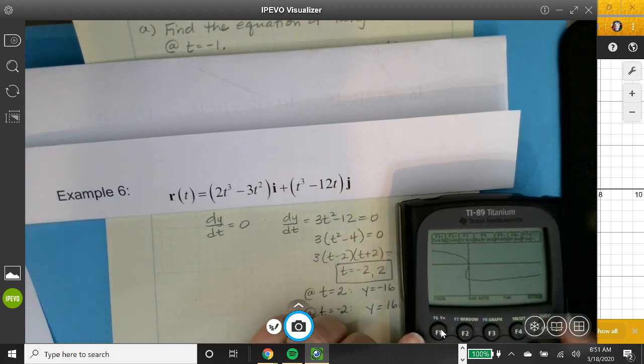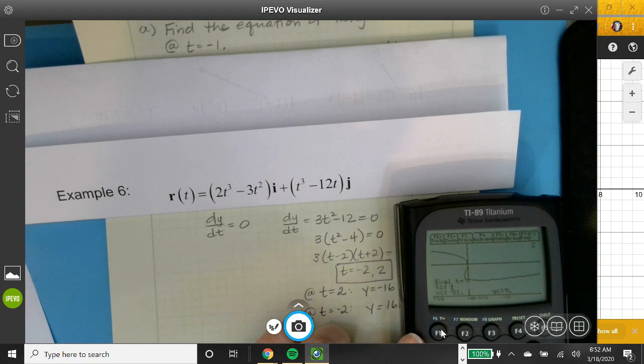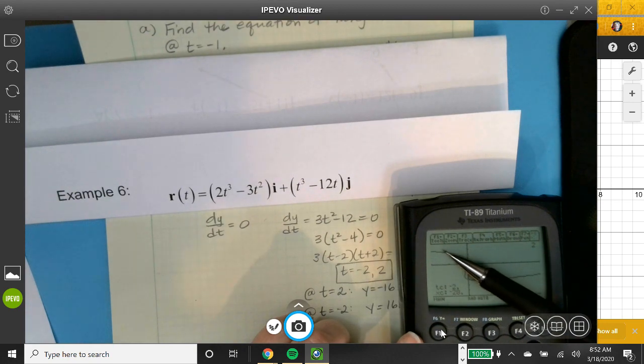All right, so F5. I'm rushing the computer, the calculator. There you go. F5 when my value when t is -2. Well, it's not showing it on here, but it's over here.